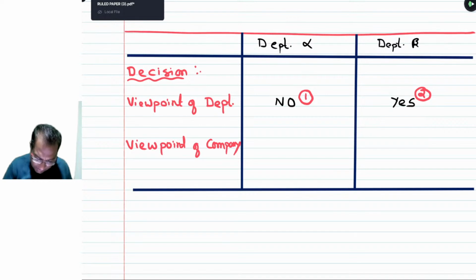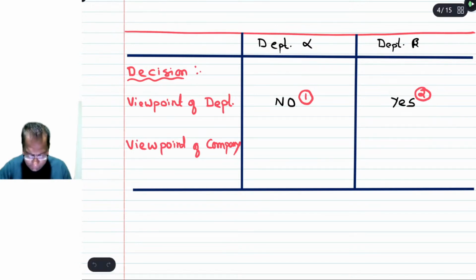So tell me, beta, from what viewpoint is the company thinking about whether a department should make the investment or not? What is the thought process of the company, whether a department should do the investment or not? Can you please tell me, beta? I'm waiting for your answer.